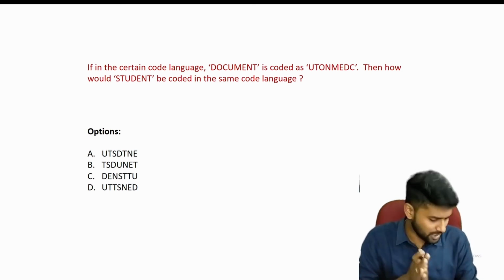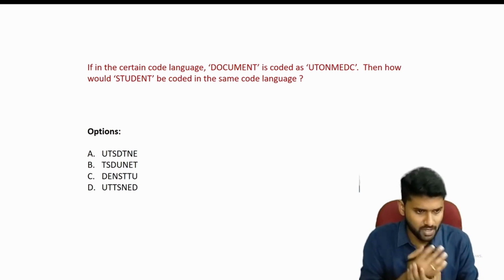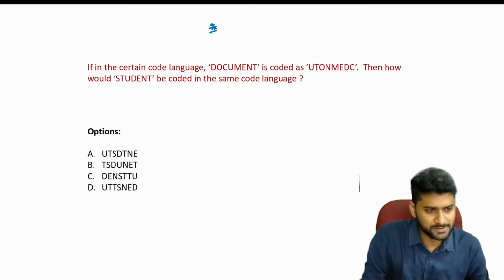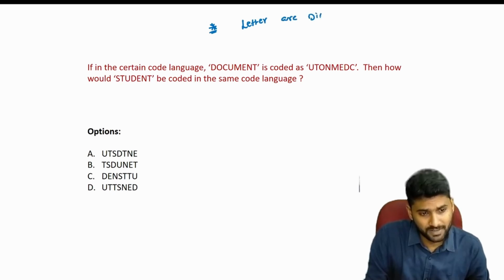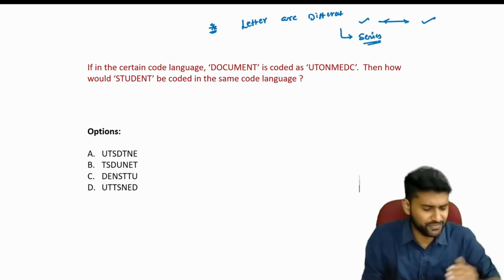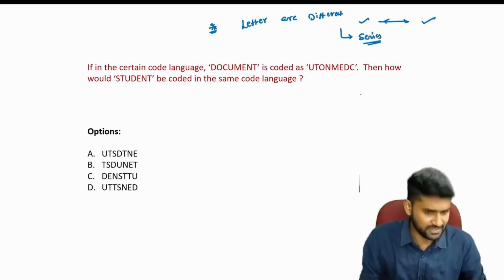In a certain code language, document is represented with all these letters. Then how can student be coded? Now, guys, you can see that there are two different models of questions. So solve in this way. If letters are different in code and decode, it is followed by a series. Either it is shifted by a few elements, you should identify them.